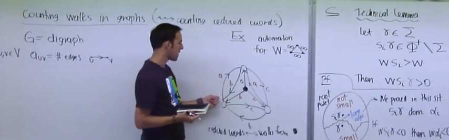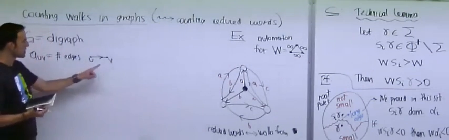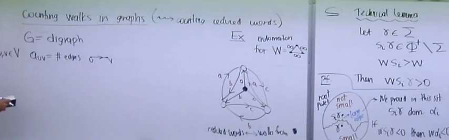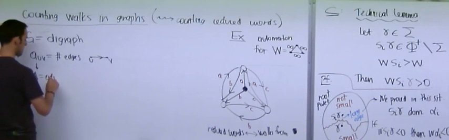But in other graphs, you might want to allow yourself different edges between the same two vertices. And now we're going to make a matrix out of these things. So we make a matrix which is called the adjacency matrix.